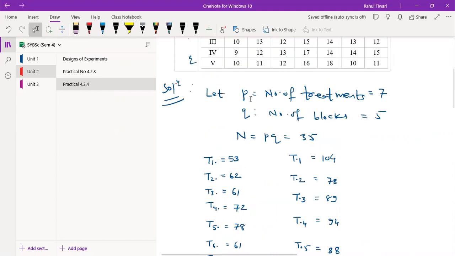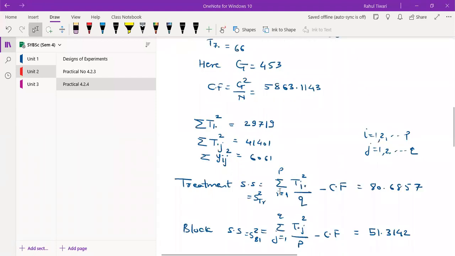I have already uploaded this practical, RBD. So the remaining one problem you can try to do. Exactly the same way you have to do it. You can just finish that, and we can verify your answers maybe in the next class.